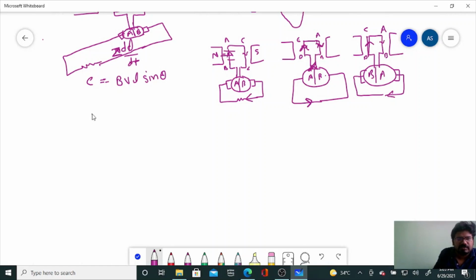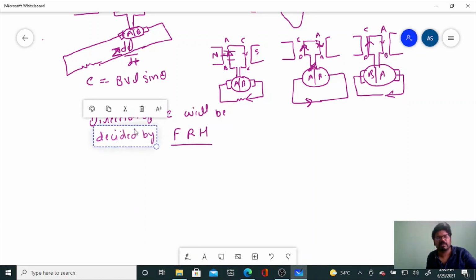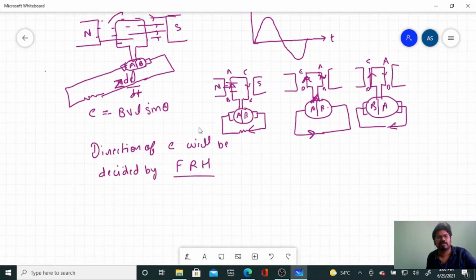So the direction of E will be decided by Fleming's right hand rule. Okay, so according to Fleming's right hand rule, the direction of induced EMF when you are under the influence of the south pole will be positive, and it will be negative when the conductors are in the north pole region.